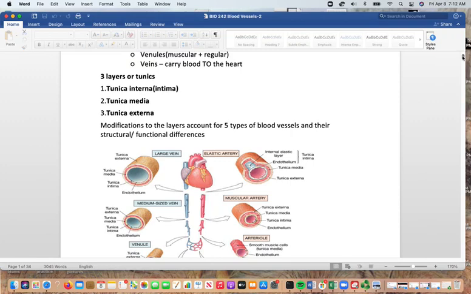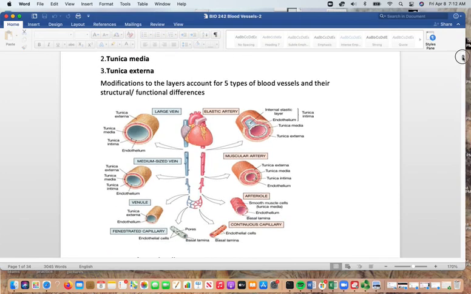So the main differences are in those layers, how we modify them in these different types of vessels, and they're just modified to account for the differences in what they do. This is a nice picture that shows the differences between them. You can see a large vein and an elastic artery, the difference in the size.